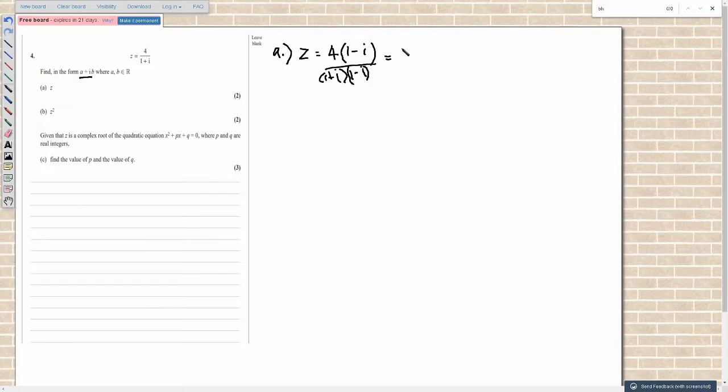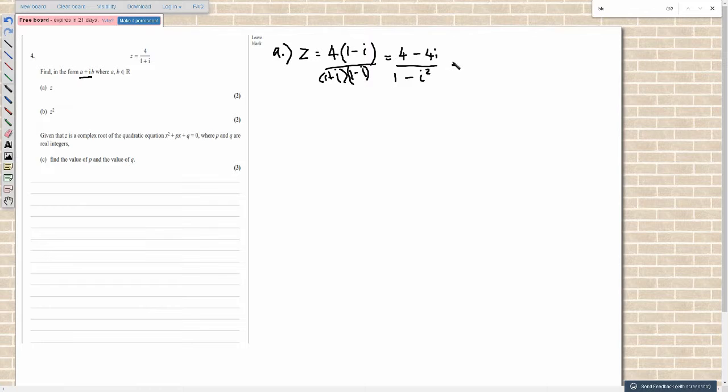So it's 4 times 1, 4. 4 times minus i, so that's minus 4i. And then this is all divided by 1 times 1, so that's 1. I'm going to get a minus i and a plus i, so they'll just cancel. And then i times minus i gives minus i squared.